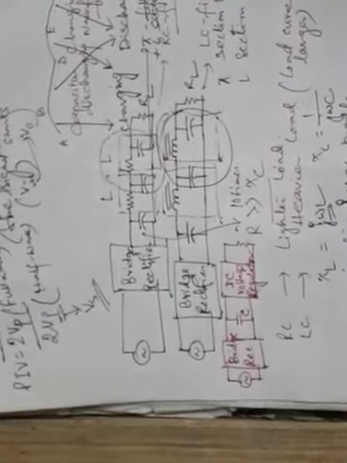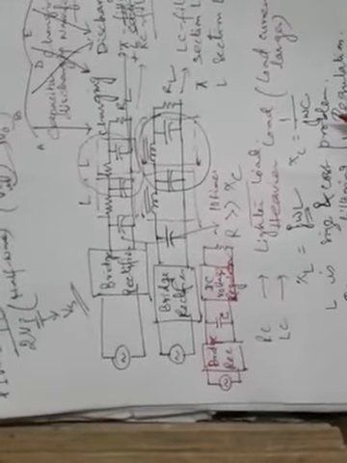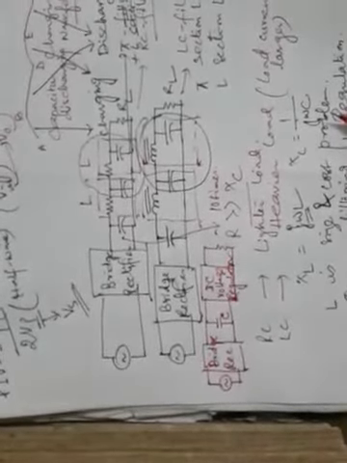So this IC voltage regulator is an integrated circuit made up of diodes, transistors, resistors and other components. That means in some cases active devices also, not only passive devices.